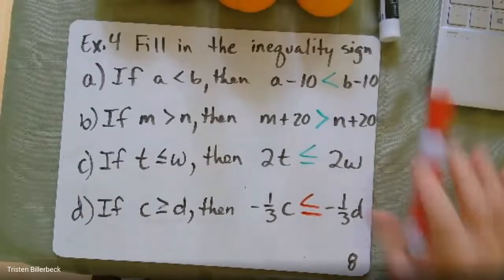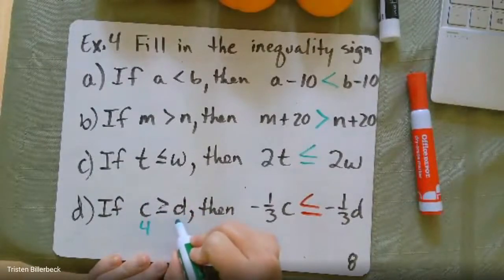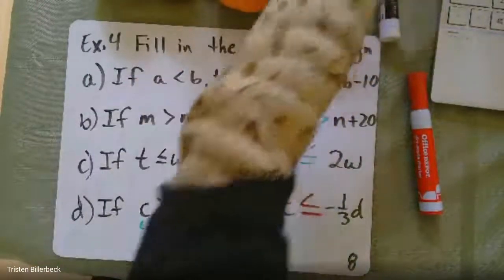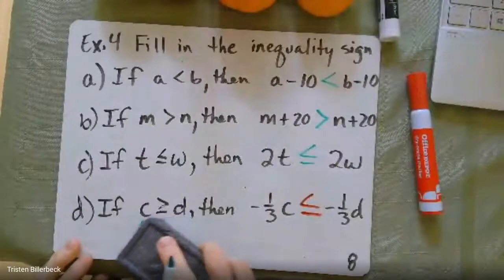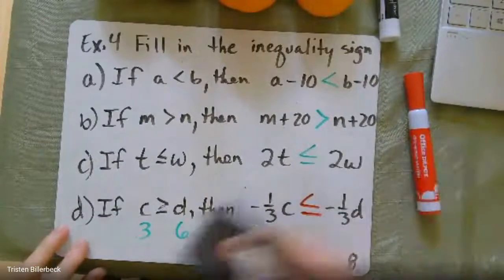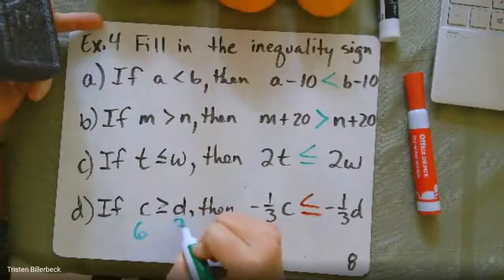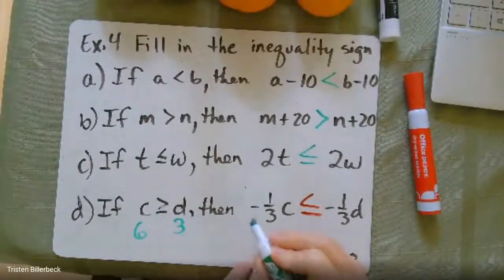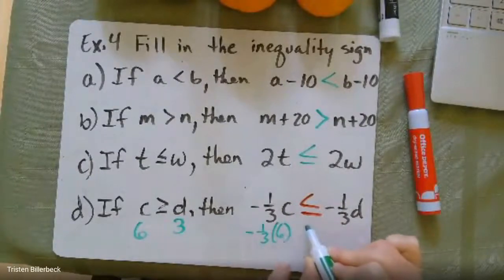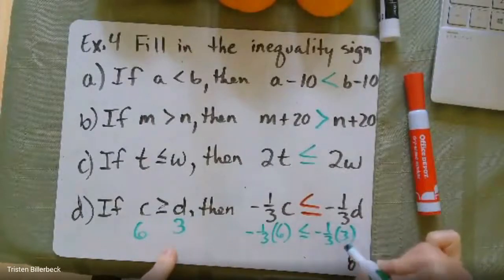Let's make this much easier. Let's go 3 and 6. Wait, that's bigger. Let's do 6 and 3. There we go. So if we have negative 1/3 times 6 and negative 1/3 times 3.